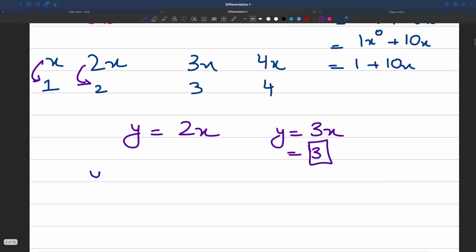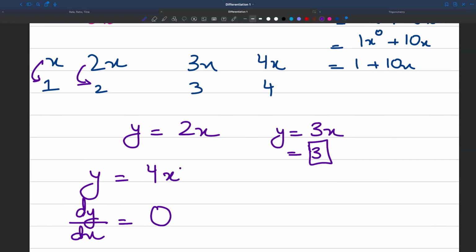And if it is y is equals to 4, dy dx will be, what will it be? It will be 0. And why it will be 0 is important. Mathematically you will say, okay sir, this is x to the power 0. 0 times 4 will become 0. Right?